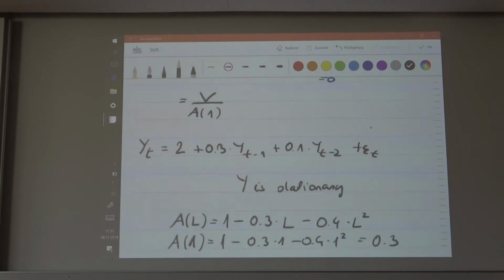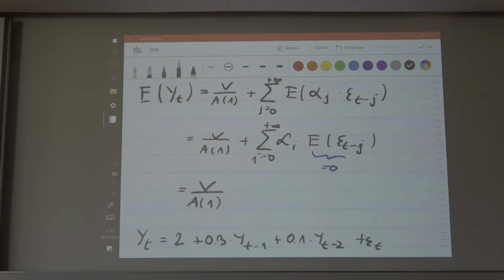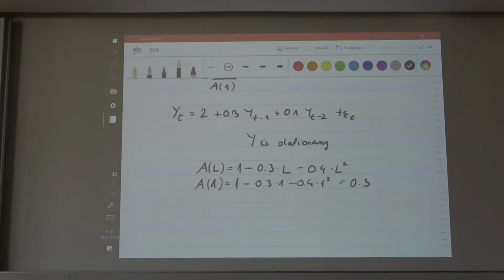So then the expectation of the process is going to be equal to the constant. The constant is 2 here. So the 2 divided by the lag polynomial at point, 0.3. So 2 divided by 0.3, and what is that?